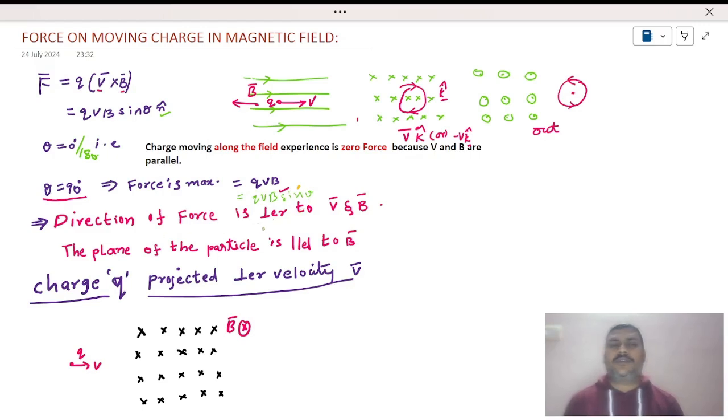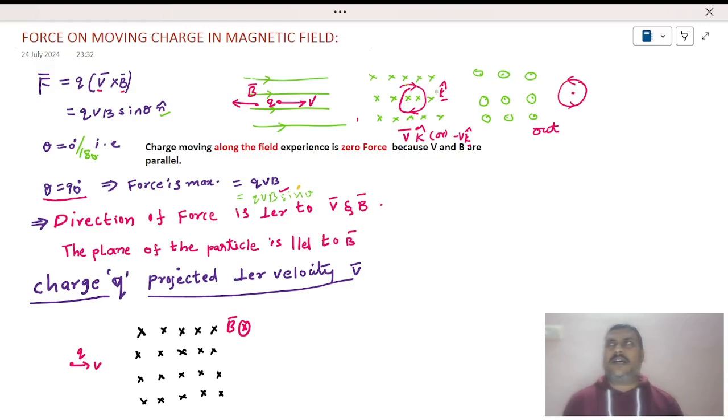So now the direction of force. According to the cross product, because force is V bar cross B bar, it is perpendicular to V bar and B bar, that is, perpendicular to the plane containing V and B. And if it is a circular path, the axis of the plane of that circle is parallel to B. For example, here the charged particle is moving in this field, in the outfield, along this path.